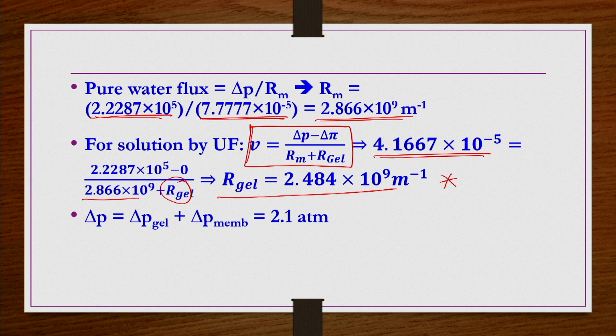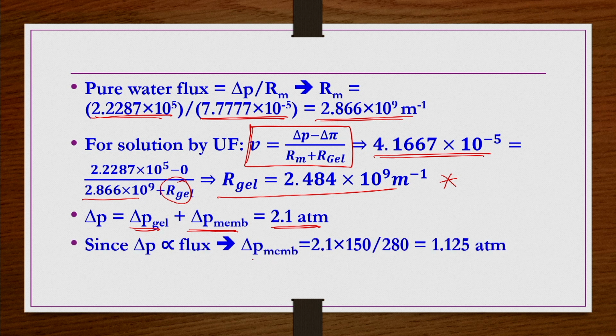So, delta P overall is 2.1 atmosphere, but that should be delta P gel plus delta P membrane, whatever the resistance offered by the membrane and whatever the resistance offered by the gel. So, across these two layers whatever the pressure drops are there, they would be added together to get the total pressure drop, same as in cake filtration we have done, right. Now, delta P is proportional to the flux, isn't it.